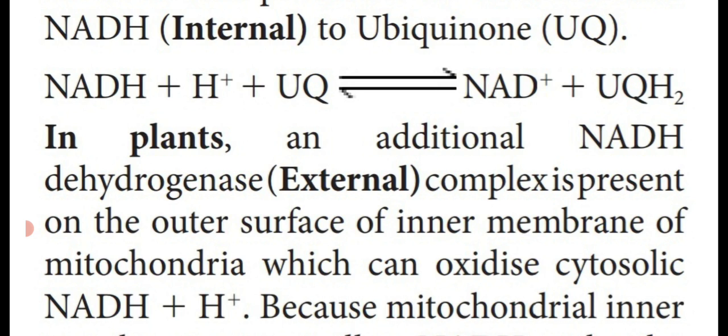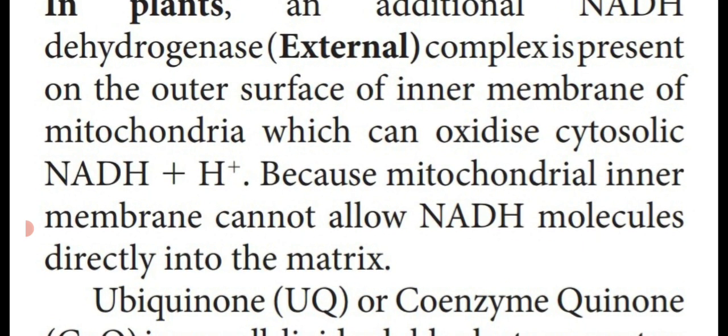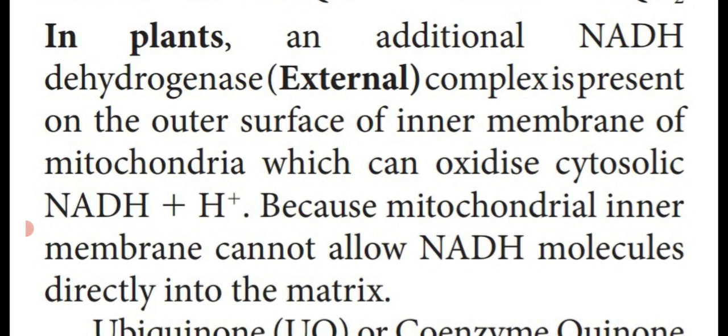First one, the mitochondrial membrane already contains the NADH, which gives hydrogen to ubiquinone and is converted into NAD plus. That removed hydrogen is added to the ubiquinone. But in some plants, it is external. NADH dehydrogenase is the external process.